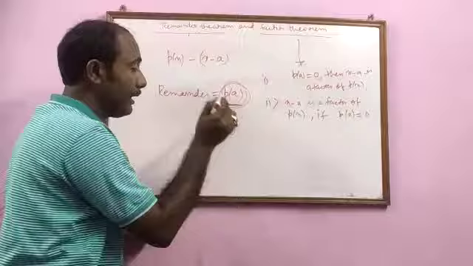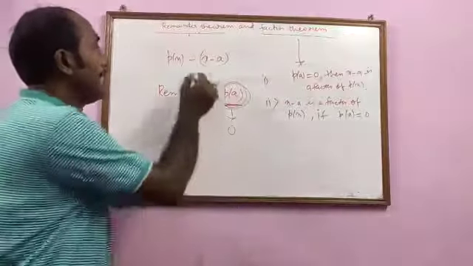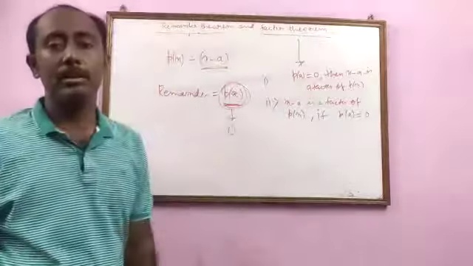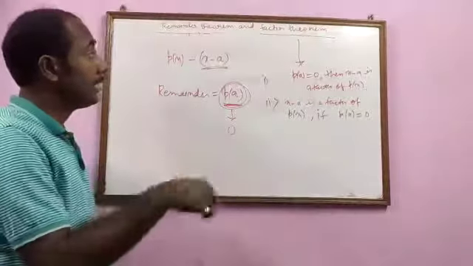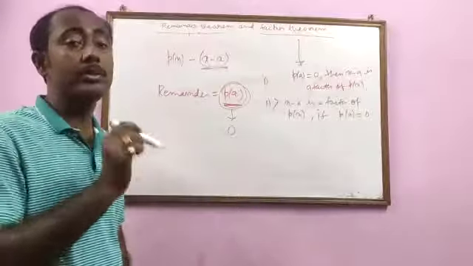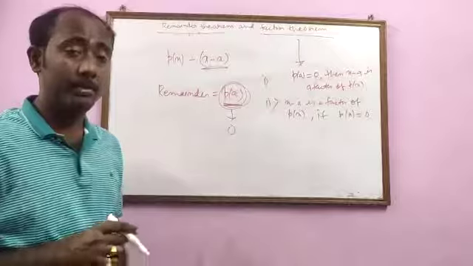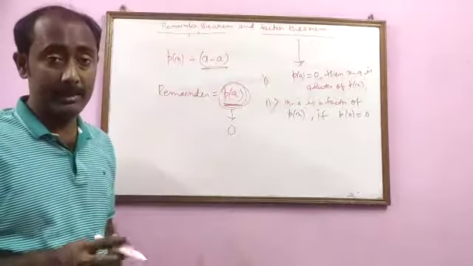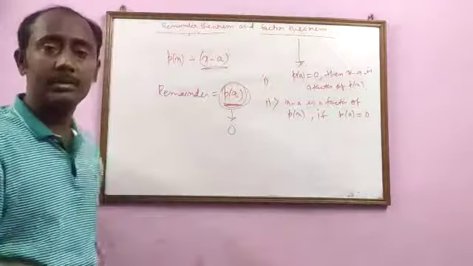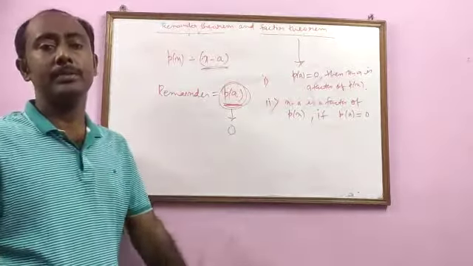If we get this remainder equal to 0, that proves that x minus a is a factor. That is what the factor theorem is all about. So students, once you understand these limitations, where to use the remainder theorem, where to use the factor theorem, and how to find the remainder, you will find that the questions are very easy to solve.